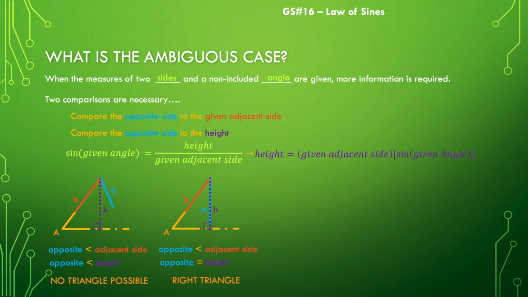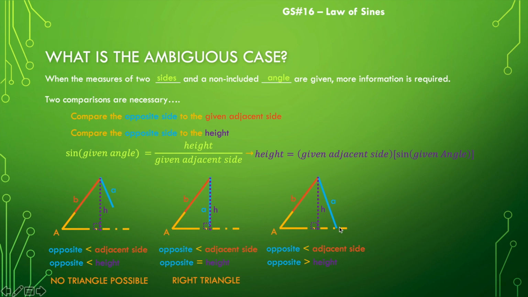Okay, in the third case, we have something that looks like this. Here's our angle A again and our adjacent side. Here is the height of the triangle, and our opposite side is going to be shorter than the adjacent side, but longer than the height. Well, all we know about that opposite side is its length.